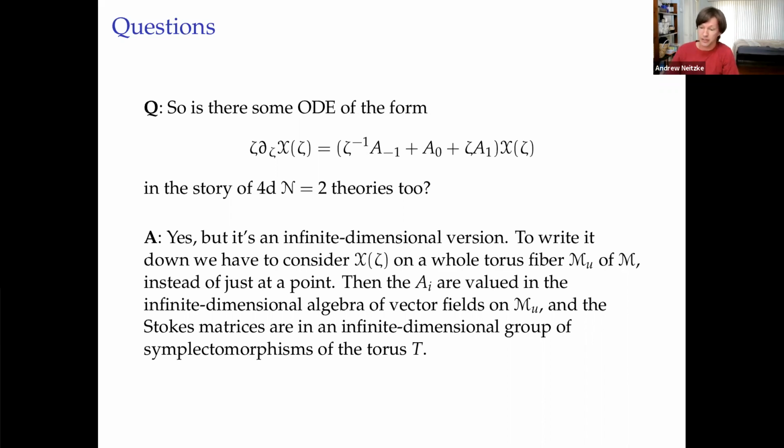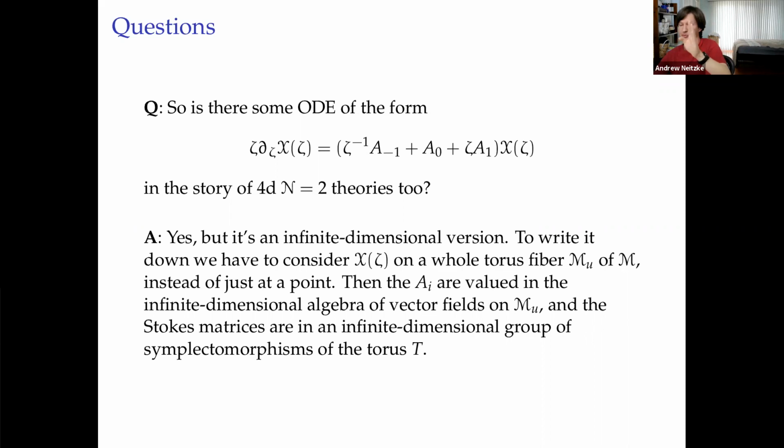To get the analogous equation in the story of canonical coordinates on hyperkähler manifolds, first of all, instead of considering this x just point by point on the manifold M, I'll consider x on a whole torus fiber. So now it's a function of theta and zeta. And then I want to say that these canonical coordinates that we're writing down are indeed solutions of some differential equation like this, where now the A's are derivatives in the theta direction.